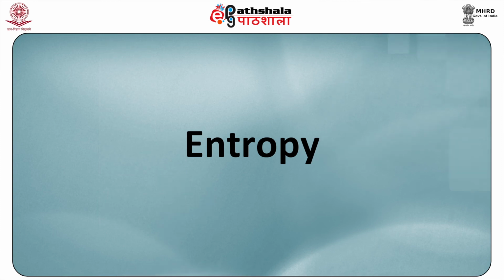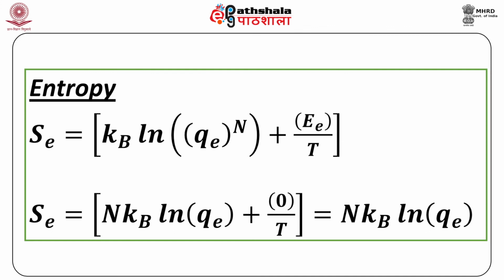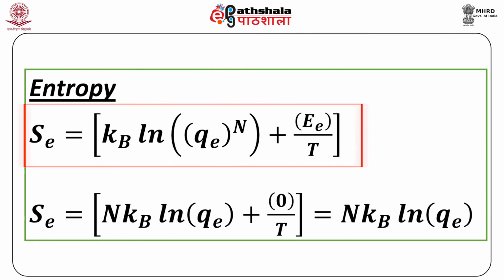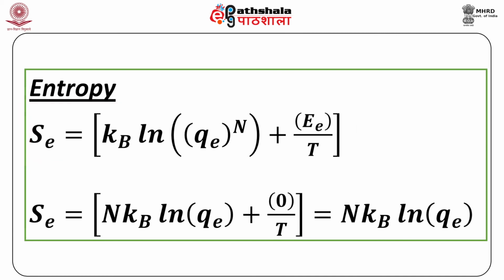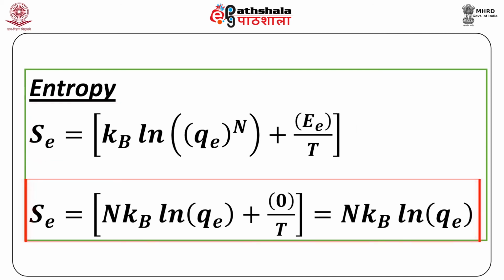Similarly, one can calculate another bulk property, that is the entropy. As you can see here, we know the expression for entropy given in equation 28, and if we substitute the values of the electronic energy and the corresponding electronic partition function, we get the expression given in equation 29, which is N k_B ln q_E, that is basically the contribution to entropy.